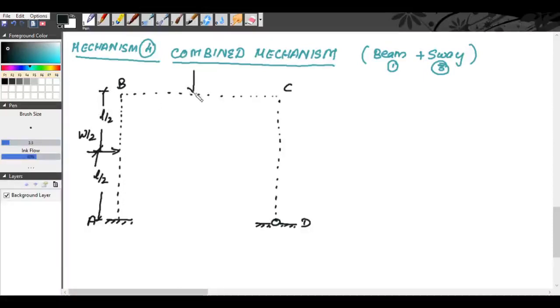Here we have a concentrated load of W acting at a distance of L by 2 from B. So this is also L by 2. And here it is L.